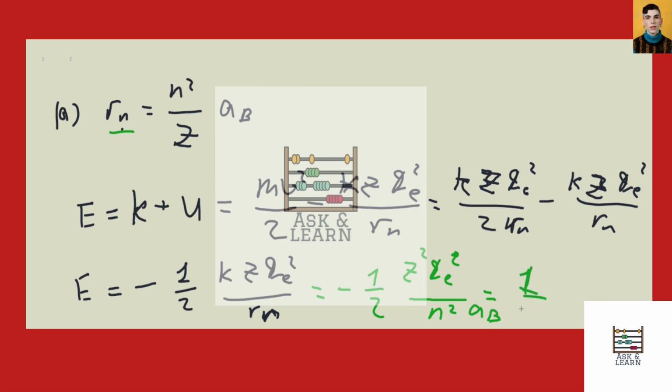So 1 over 2, Z squared over n squared, and we have Qe squared, h squared, and there was 4 pi squared, there was the mass term, there was k, and there was Qe squared, so it becomes Qe to the fourth power.